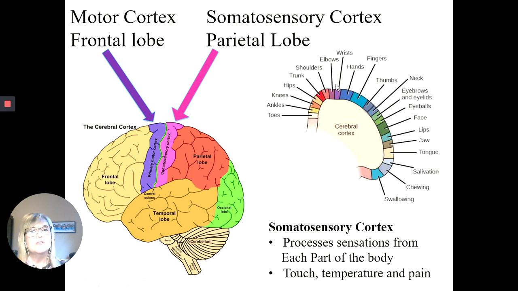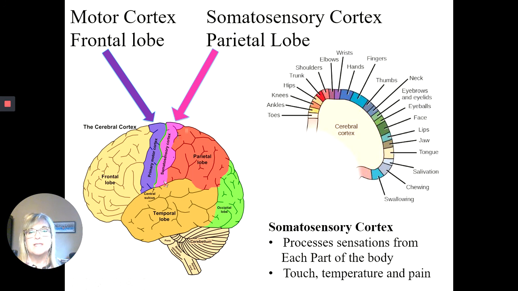If you took a slice of the brain through either the motor cortex or the somatosensory cortex, and flip this around and put it right here, you would see that this part of the brain is the motor part that controls swallowing, chewing, salivation, your tongue, your jaw. So that's why Broca's area is so important to language and producing language, because it controls all those muscles in your mouth to produce those words.